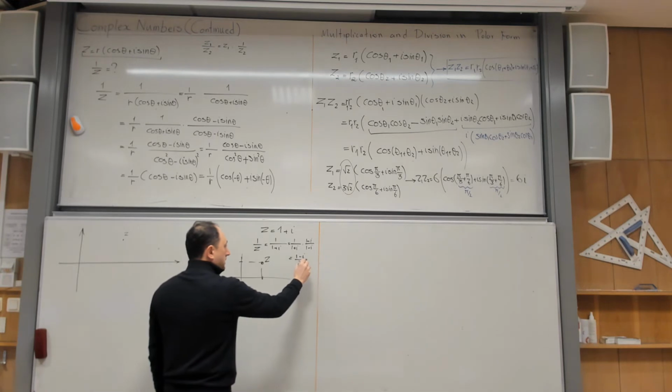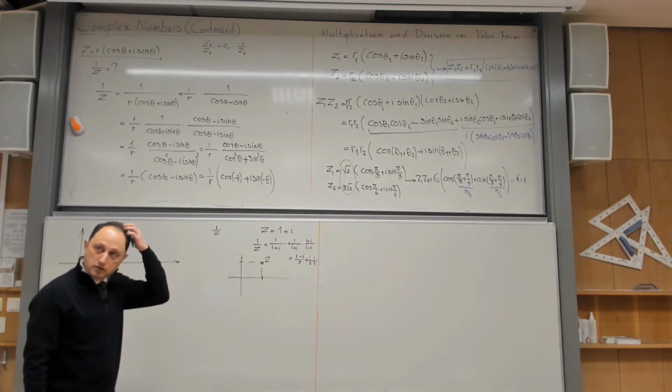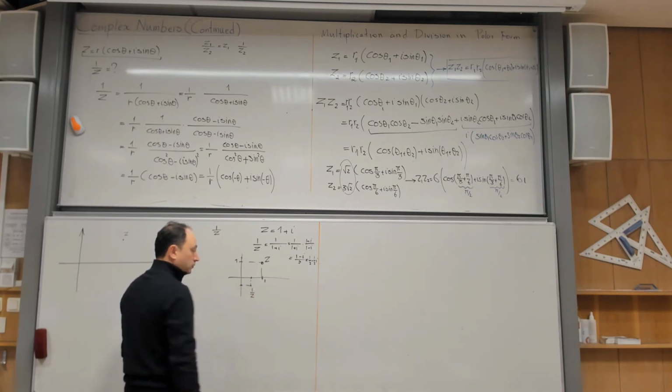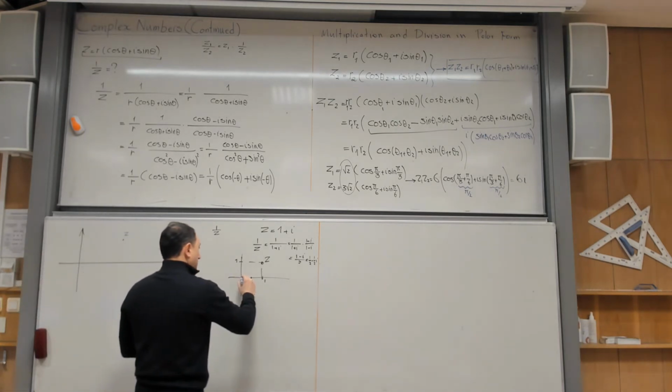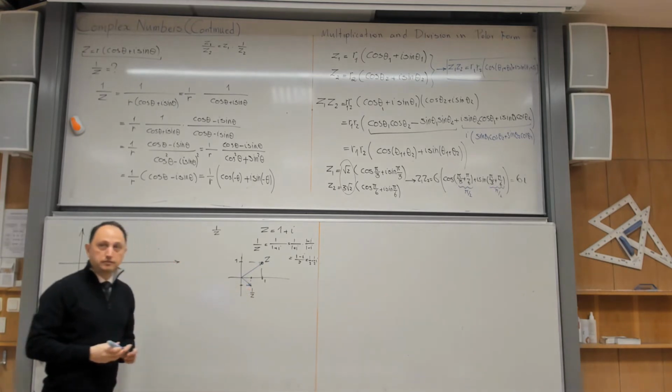So then you will see that this becomes 1 over 2 minus 1 over 2 i. Yes? And then you find it. 1 over 2 is here because that was 1, that was 1. 1 over 2 is here, minus 1 over 2 is here, and then you suddenly see this is where 1 over z is located. So this was your z, but now this one is 1 over z.